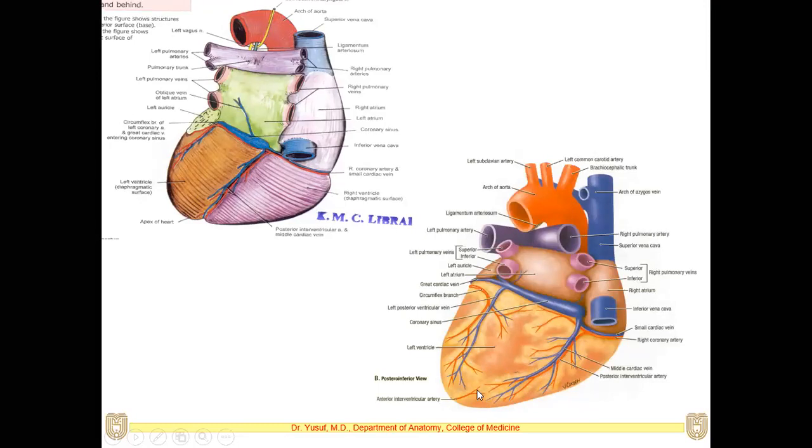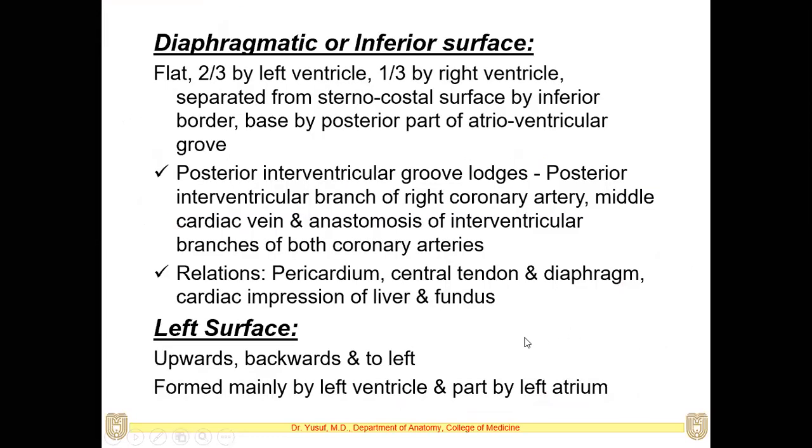So there is anastomosis between the right coronary artery and the left coronary artery, because the anterior is from the left coronary artery and the posterior is from the right coronary artery. This anastomosis is very important clinically, because if there are any blocks, we should know where the anastomosis is and how it can be compensated.